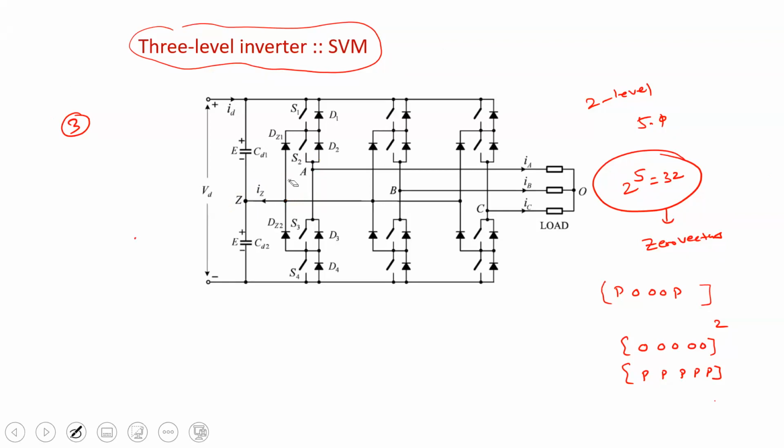If both S1 and S2 are on, what is the voltage across A and Z? It is E, right? Agree?